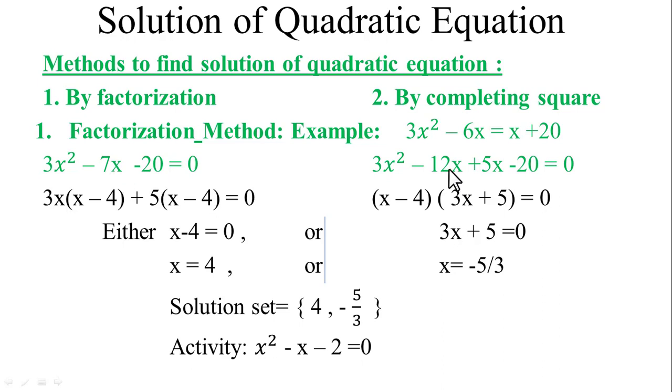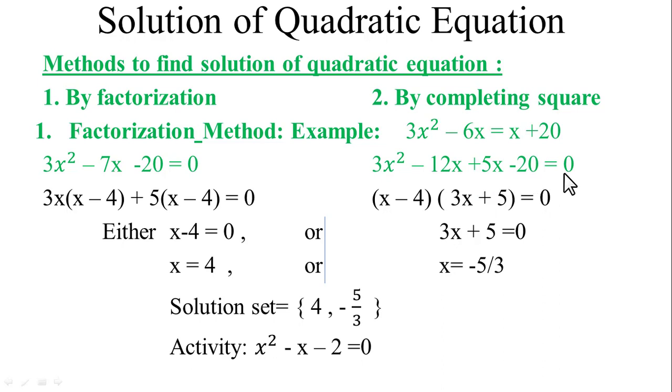So the pair is 12 and 5. Minus 12 plus 5 is minus 7, and minus 12 multiplied by 5 is minus 60. So the middle term breaking of this equation is 3x square minus 12x plus 5x minus 20 is equal to 0.